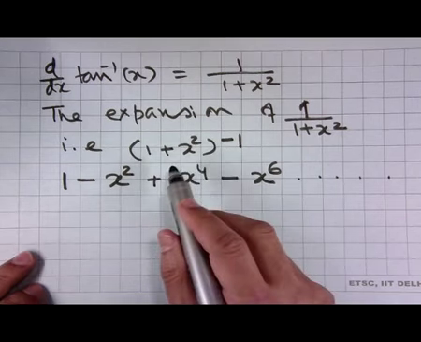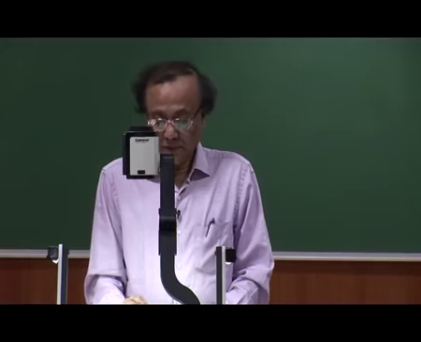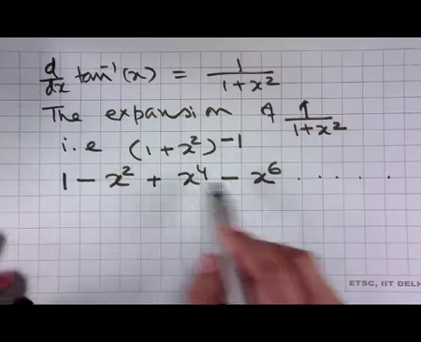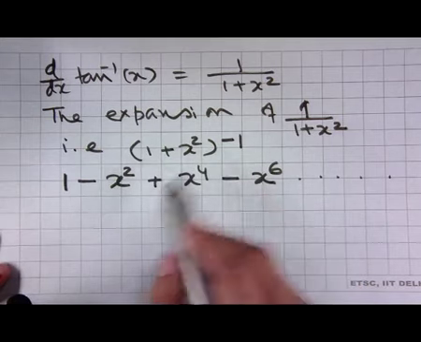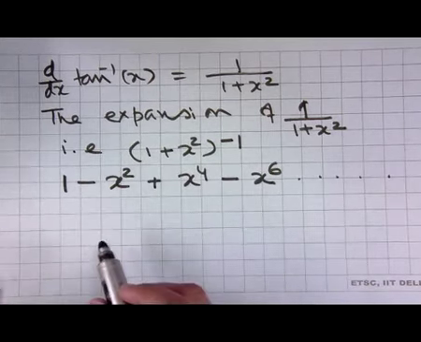This we know from the expansion of 1 plus x whole to the power minus 1, and that is going to be 1 minus x plus x square minus x cube. Replacing x by x square, we get this series.